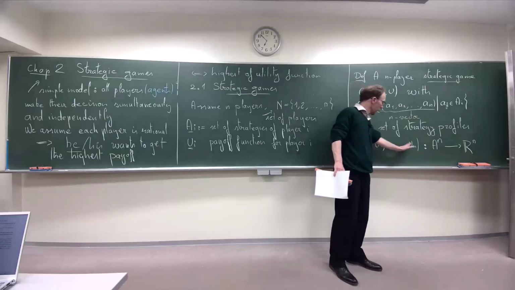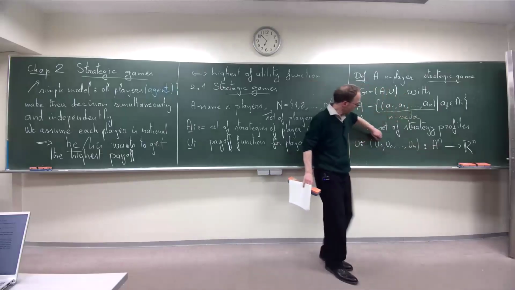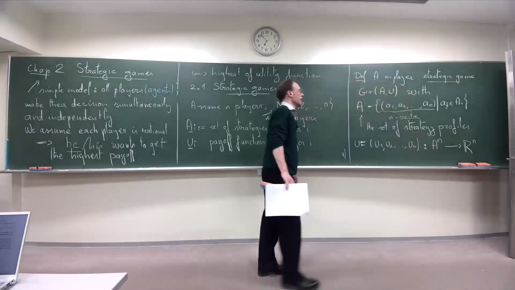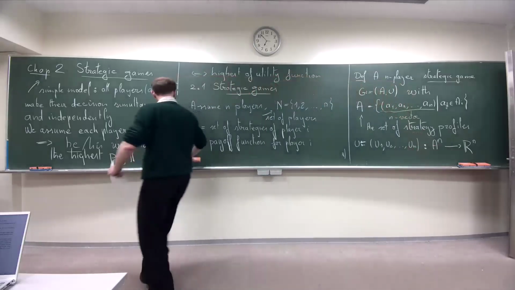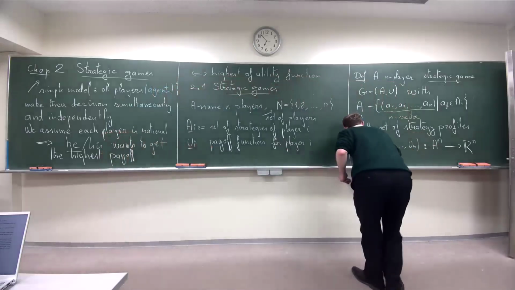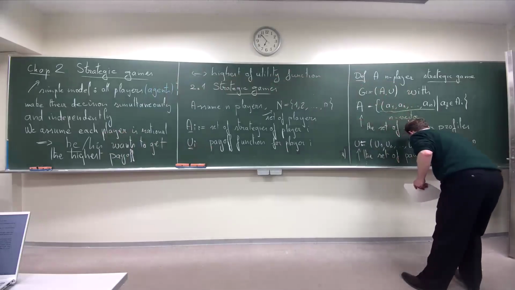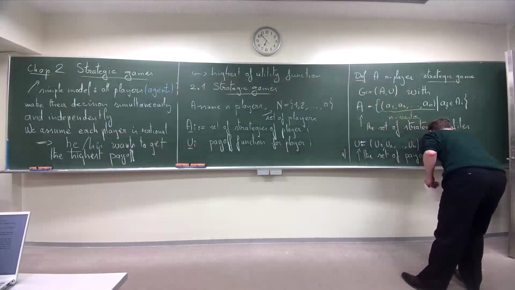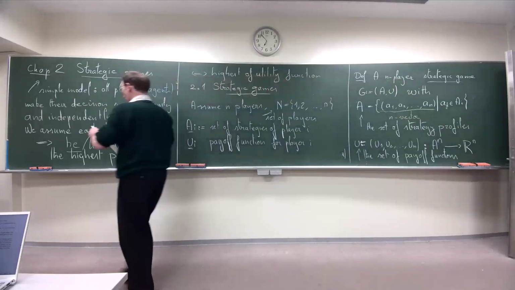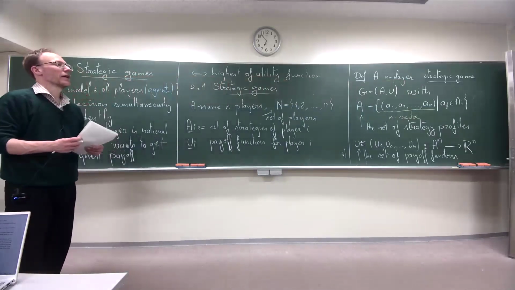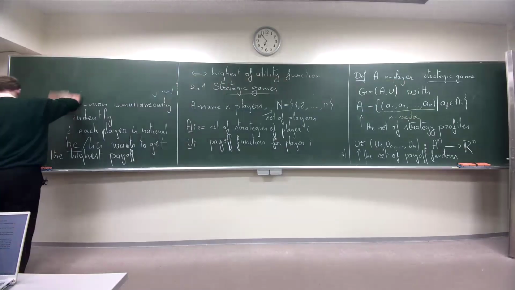And these payoff functions, each of them is defined on a copy of A. So if I have n functions, I need n copies of A, and its value is in R^n, because each of them has value in R. And this U is called the set of payoff functions. It's a collection of all these payoff functions, one for each player.